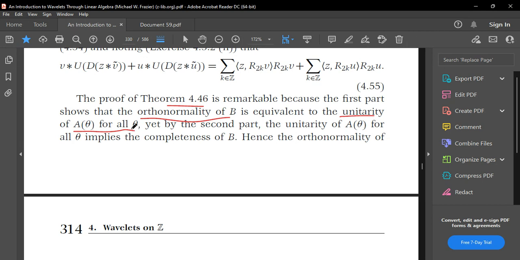This can be extended to all theta, because if we prove the result for 0 to pi, then it is also true for all theta, because this is periodic, and this orthonormality of B is equal to a unitary property of A of theta. By the second part, the unitary of A of theta implies the completeness of this set B. B is complete.